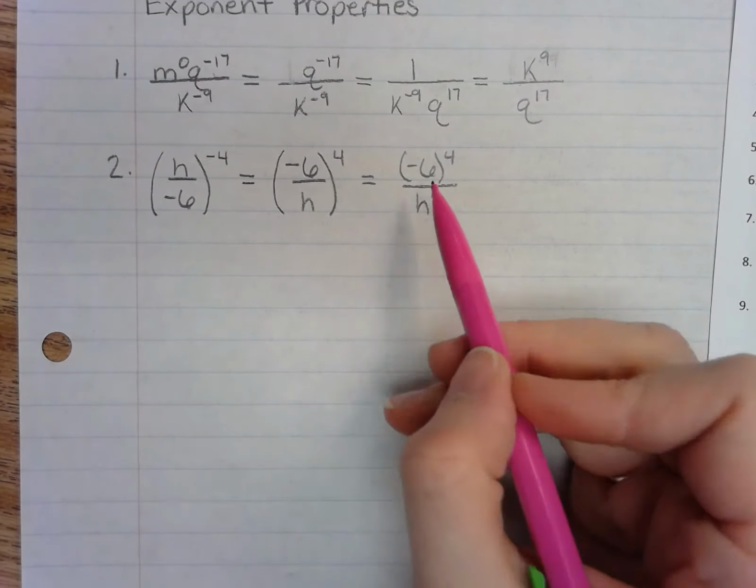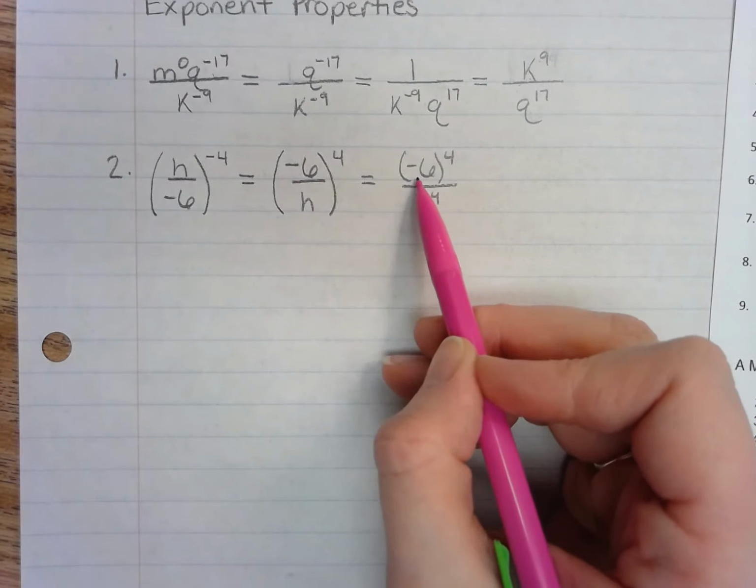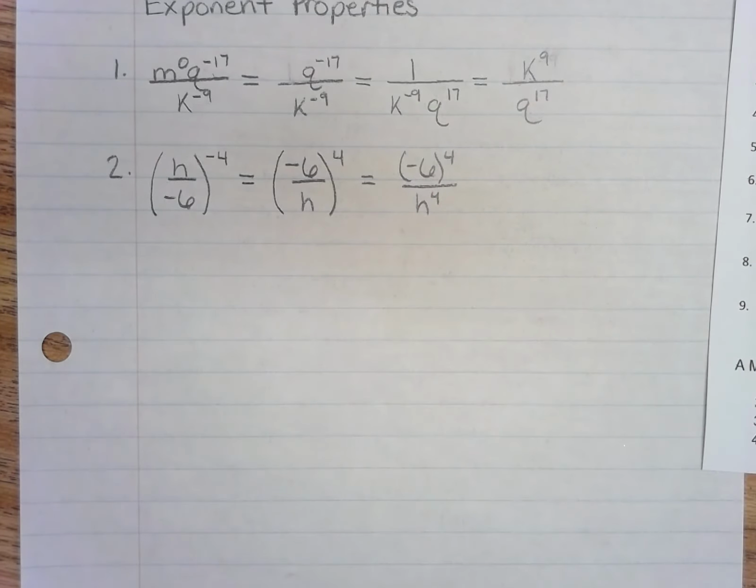It is important that you put the negative in parentheses anytime you are dealing with exponents and your base number is a negative. Be sure to use parentheses around that negative value. You can stop here because you have used your exponent properties. If you want to punch this in the calculator and do negative 6 to the 4th power, you can do that.